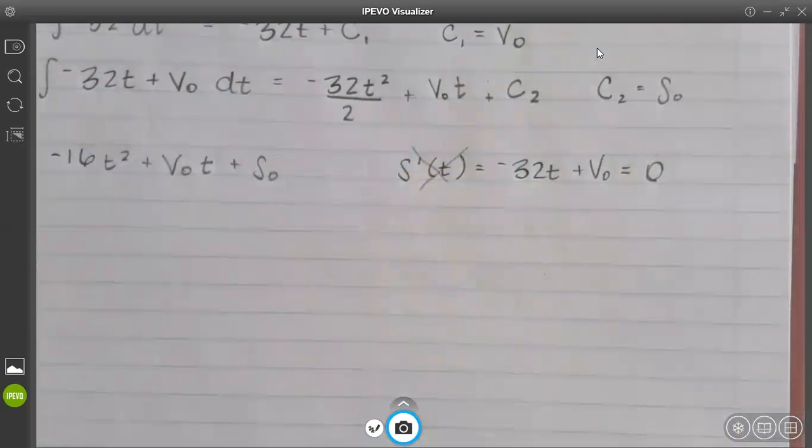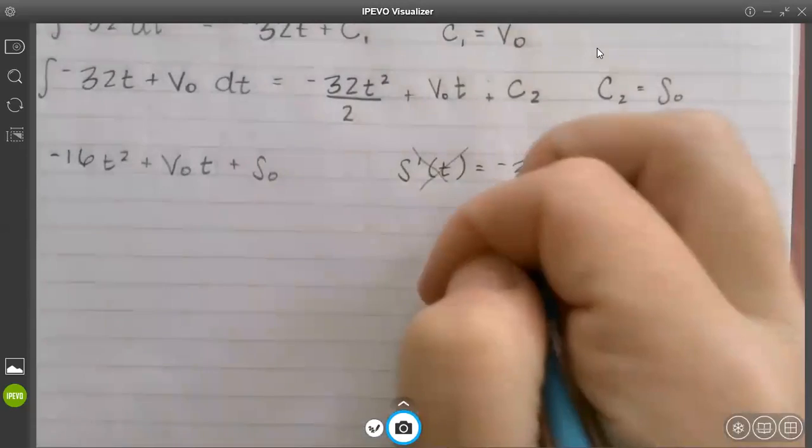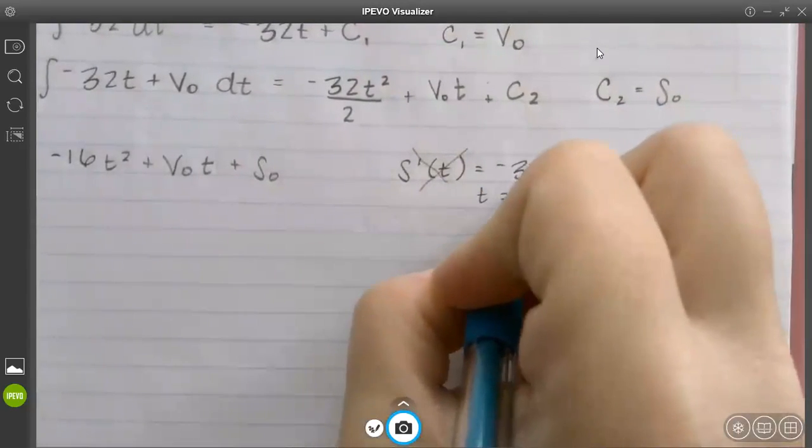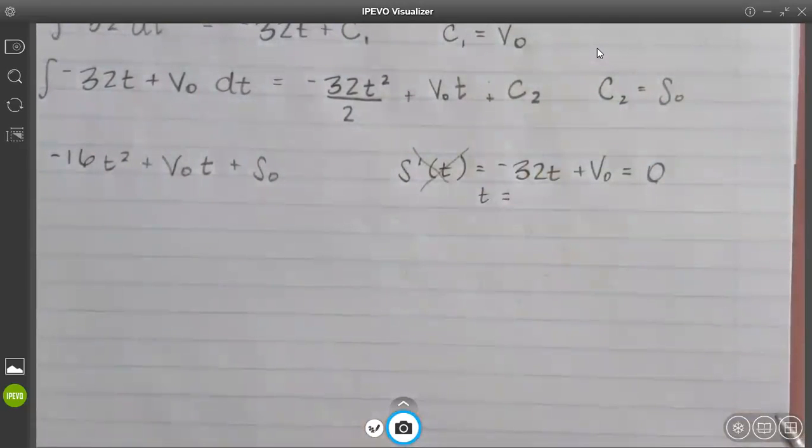How do I solve it? Don't stress out. I need to solve it for T. I told you to solve for T, right? Okay. Add 32 to this. No, we're solving for T. Subtract V sub O.